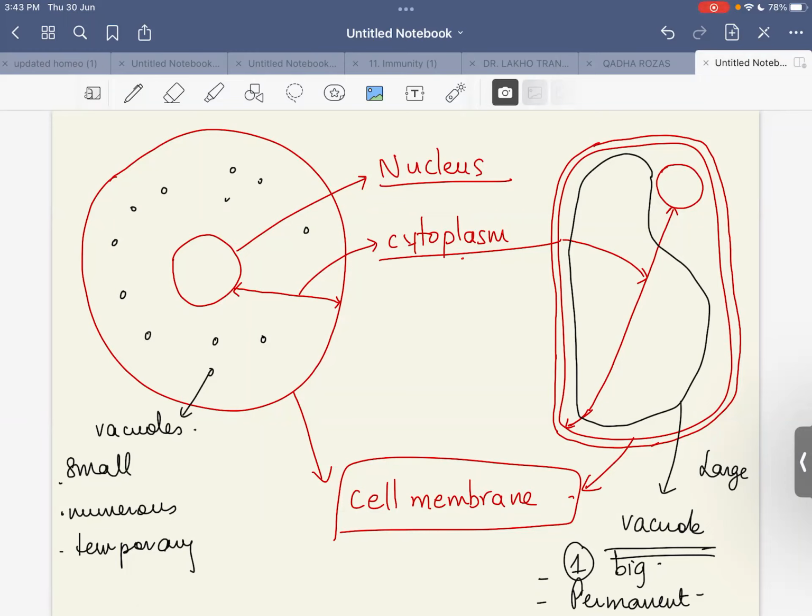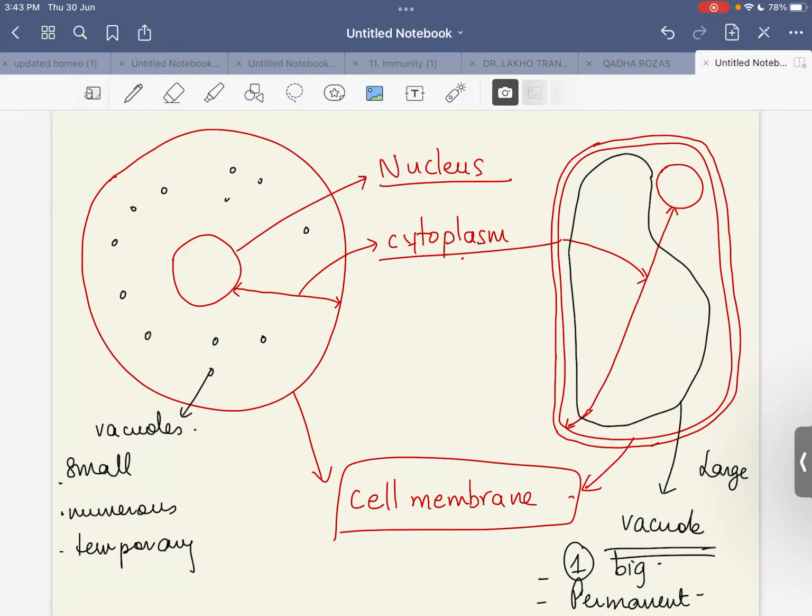Yes, there are some distinctive features which are found in the animal cells and some which are found in the plant cells. But animal or plant cells, depending upon the kind of function that they have, can have any shape or any size. So we'll be focusing on the various features of the animal cell.